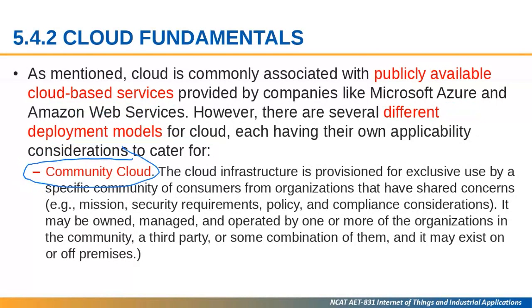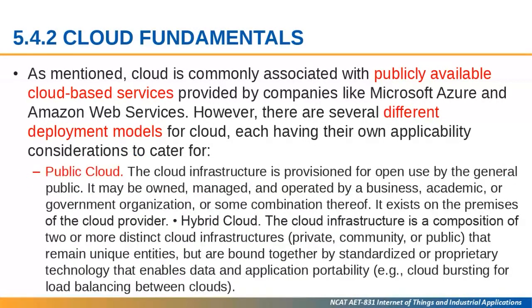This is provisioned for exclusive use by a specific community of consumers or organizations. For example, for the UNC system, UNC stands for University of North Carolina system, there will be a community cloud. Basically, the resources can be provided by all the UNC universities. And of course, we have the public cloud. Basically, it can be accessed by everyone.